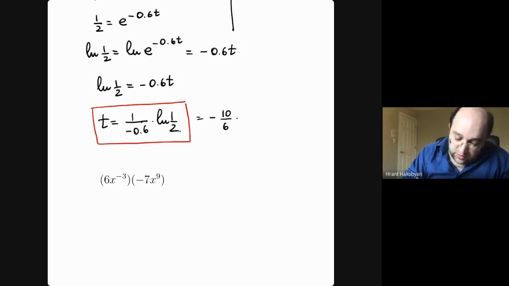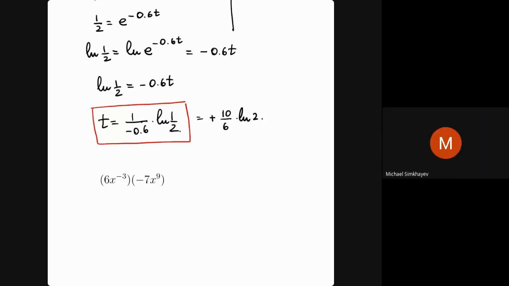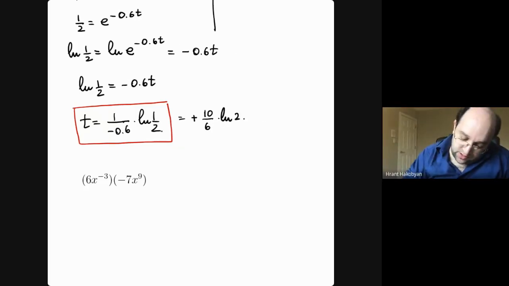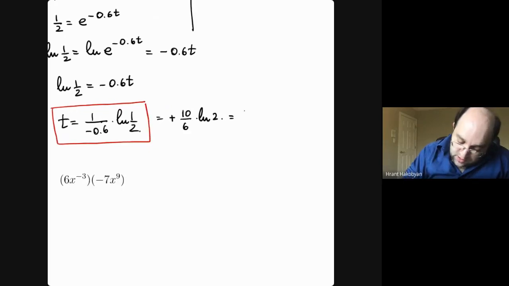And then ln(1/2) you can write as negative of ln 2. So then this will become plus, and you'll have ln 2 here. Then this is 5/3. So the answer, you can write as 5/3 ln 2.